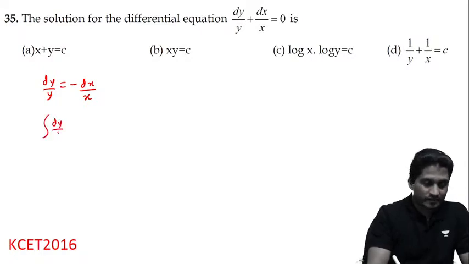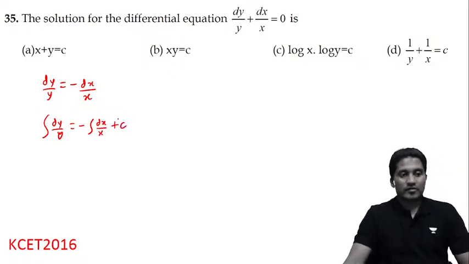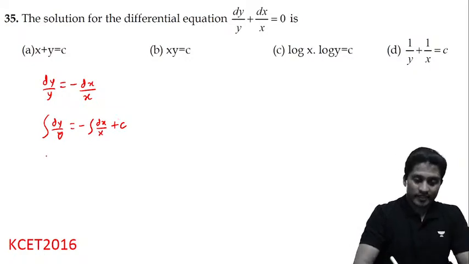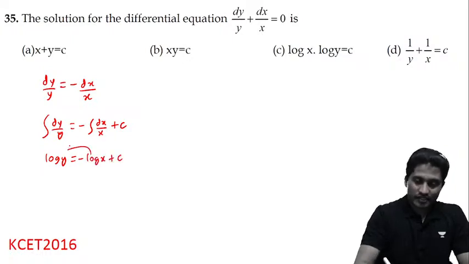So integral of dy by y equals minus integral of dx by x plus c, right? So the integration of 1 by y is log y, equal to minus the integration of 1 by x, which is log x plus c. You shift it to the left side, you will get log x plus log y, right?